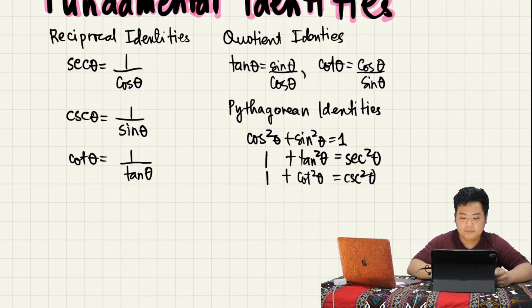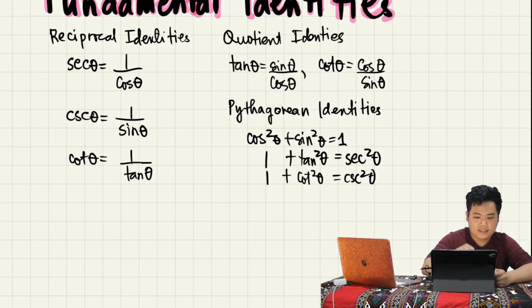And take note, pagdating dito sa dalawang to, we have 1 plus tangent squared theta equal to secant squared theta. So, para makuha mo yung pangatlo, lalagyan mo lang to ng co. So, 1 plus cotangent squared theta equal to cosecant square theta. Okay? So, gawa tayo ng example.